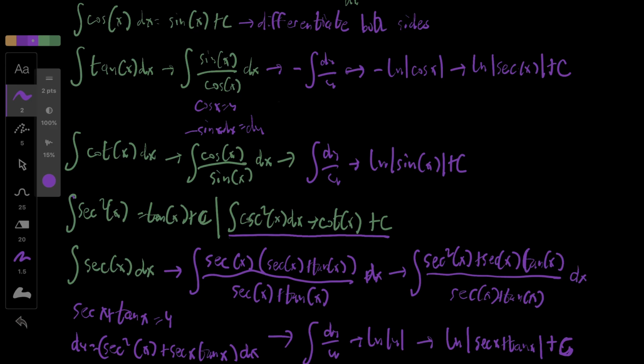The same method will be used where you have a clever addition or subtraction involving cosecant of x and cotangent of x, and it will also turn out to something very, very simple, like the final answer for this problem. So, good luck to try that.